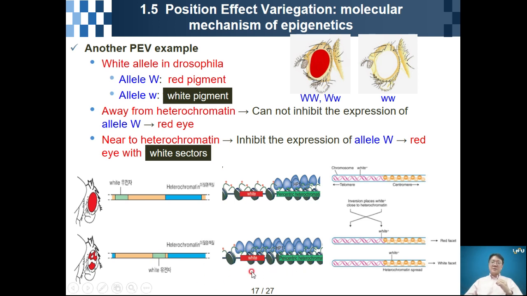So usually this situation inhibits the expression of allele large W. So in these cases, the phenotype is red eyes with white sectors. It means that sometimes allele large W can be expressed, but sometimes cannot be expressed. So the phenotype is red eye with white sectors like this. So this is another example of the PEV.